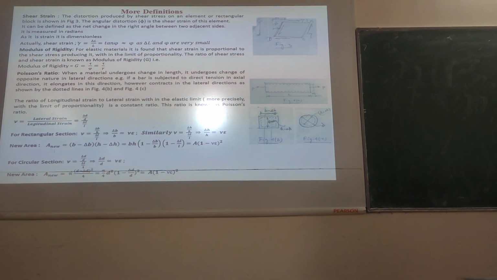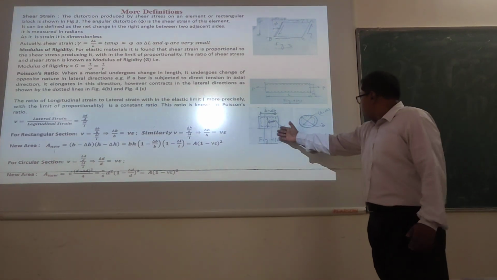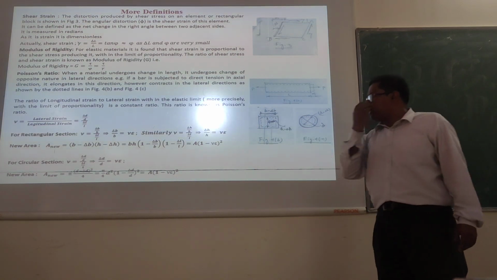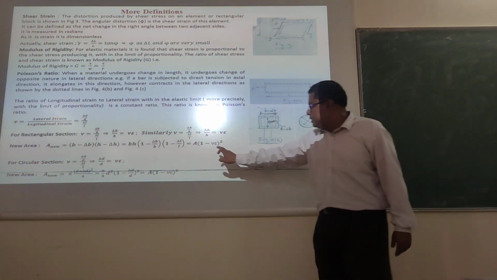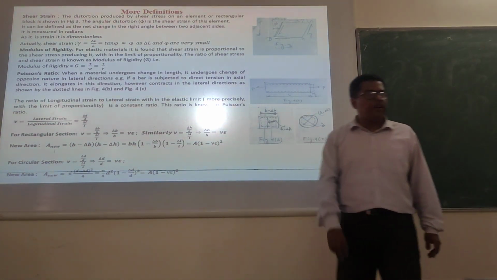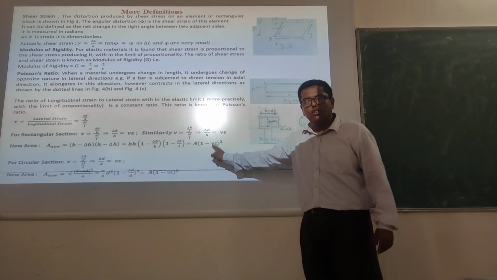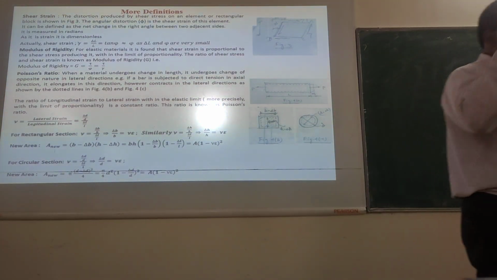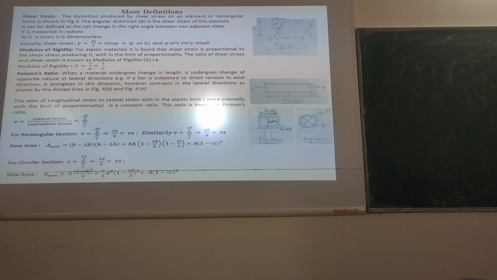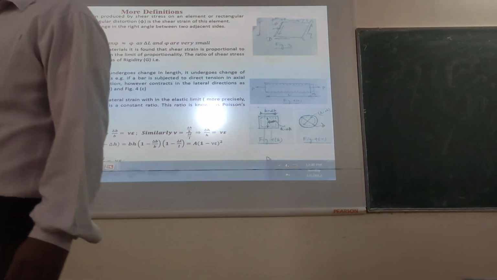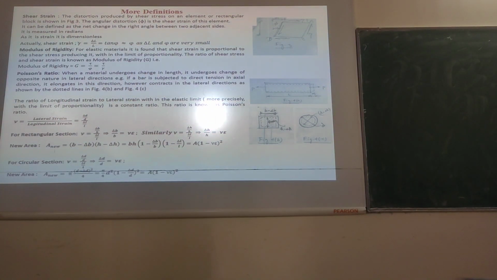Then you will understand the importance of Poisson's ratio. Now I have given two small examples. You can see them later on. And this expression is very important. You use it in soil mechanics also, when you do compression tests of soil, triaxial testing of soil, and unconfined compression testing of soil.